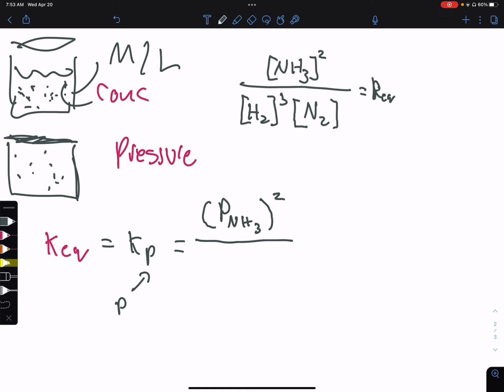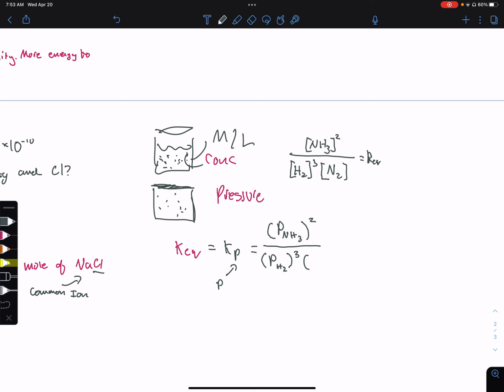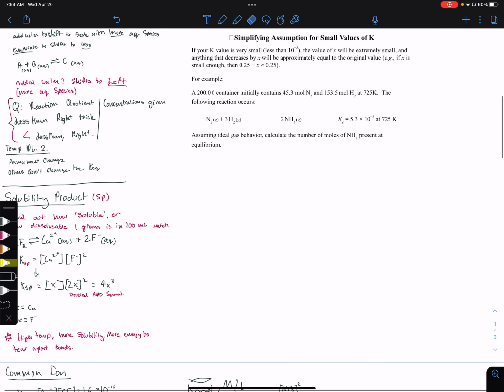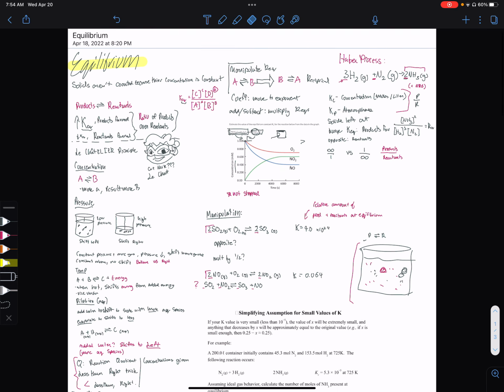Then it's pretty much the same thing, except H2 and then 3, and you get the idea. You have to finish it out, but this is what it looks like. And on the AP exam, if we're using KP, you have to use the rounded brackets, otherwise you're not going to get the point. Our teacher told us that. Sorry, I lost my voice a couple days ago.